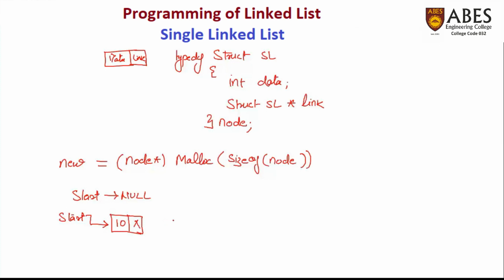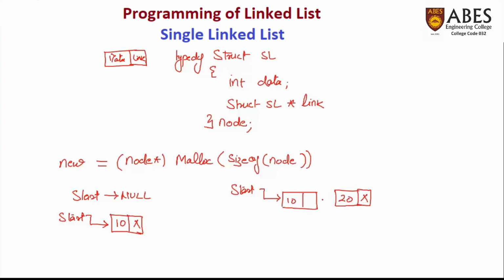When the second node arises, start would be pointing to the first node, and the second node will be inserted at the end of this linked list. So this time we have to update the link part. Suppose this is the newly created node with data value, suppose 20.